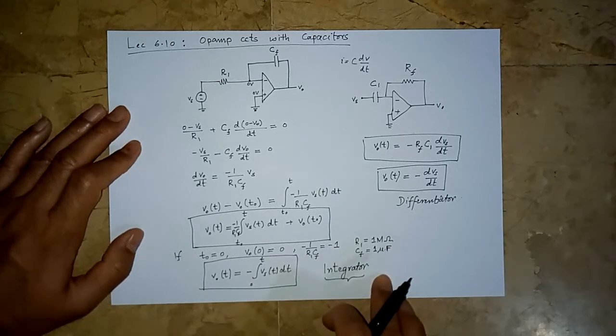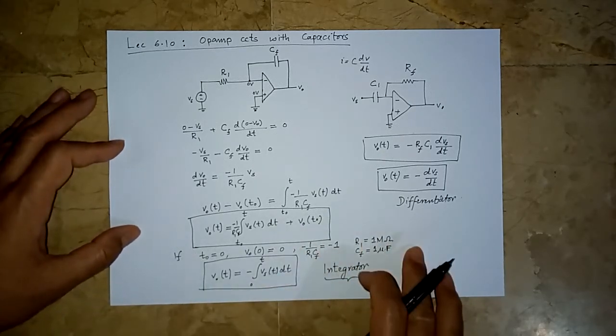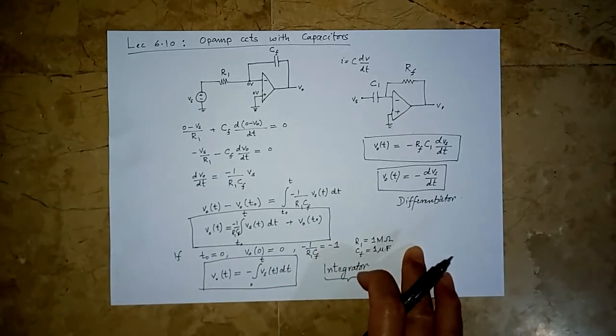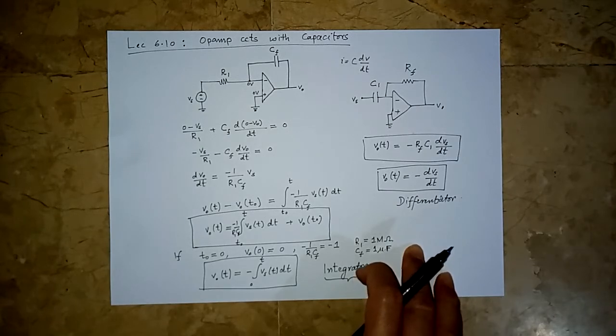So this is a very interesting application of an op-amp circuit. And why would we need integrators? For example, we may be interested in finding the acceleration from velocity. So we have a velocity sensor connected in a vehicle, and we want to find the acceleration.